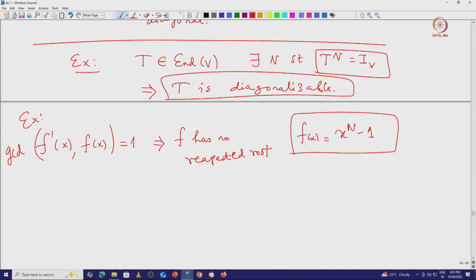This I will leave as an exercise. For example, here f dash of x is nothing but n times x power n minus 1. The only roots of the derivative are the zeros. So, in particular they do not have common roots. So, the GCD is 1.